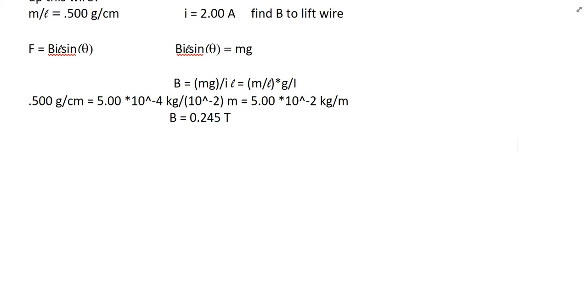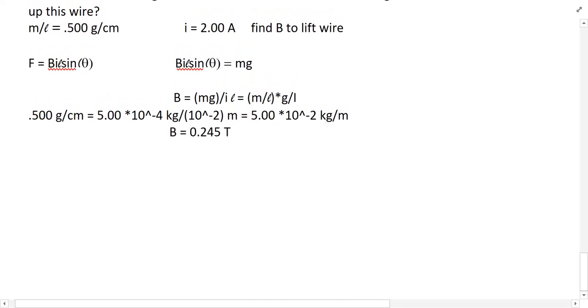Let's use the right-hand rule to find the direction. Let's draw our little compass. We've got north, south, east, west, and we're told that the current is going south, so we draw the current that way. We want the force to be up, an upward force.